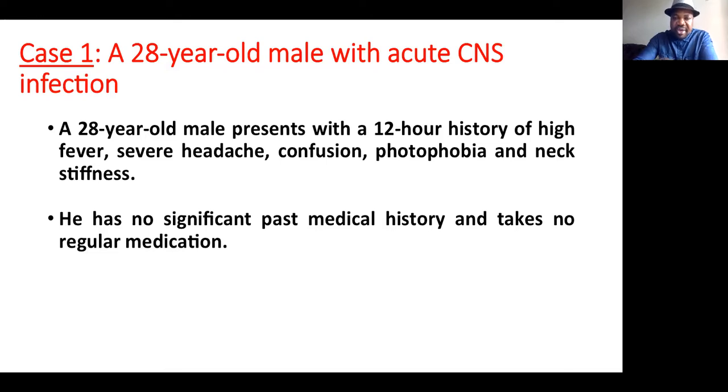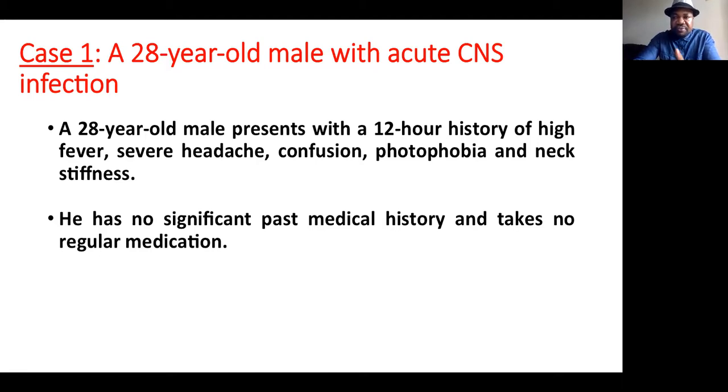It says that he has no significant past medical history and he takes no regular medication. So this is probably the only problem that we are going to focus on.